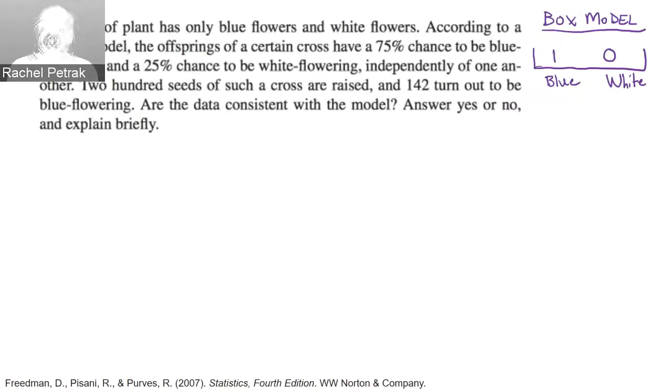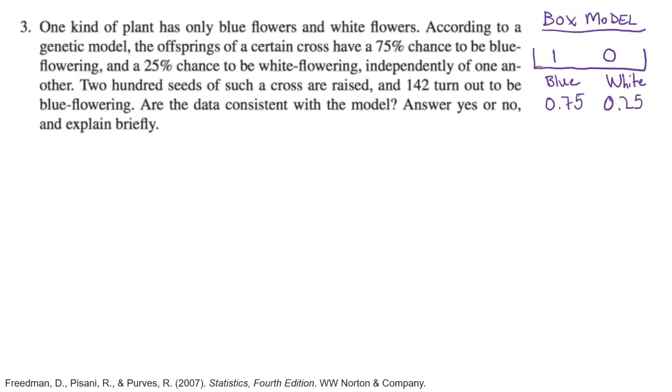We could visualize it as 3 ones to 1 zero, or we could think of it in terms of proportions. So this is 75% of the tickets in the box, and the white is 25%. How many tickets in the box are there? Well, I guess we don't know.